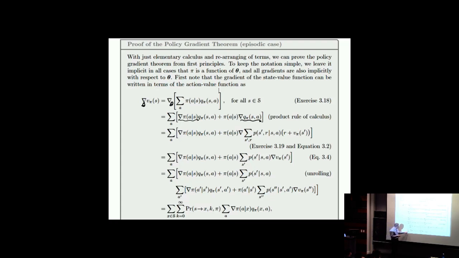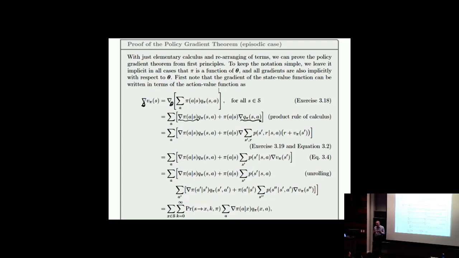Okay, so basically this is the probability that beginning in S, after k steps we will actually end up in state X under the policy pi. And so we want to take the expectation over this state distribution of the derivative of pi of a given x times its q value if we take a in state x.